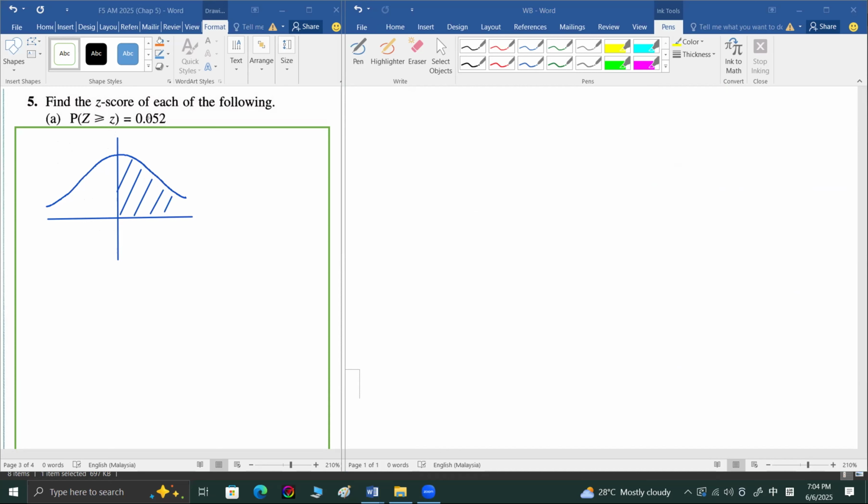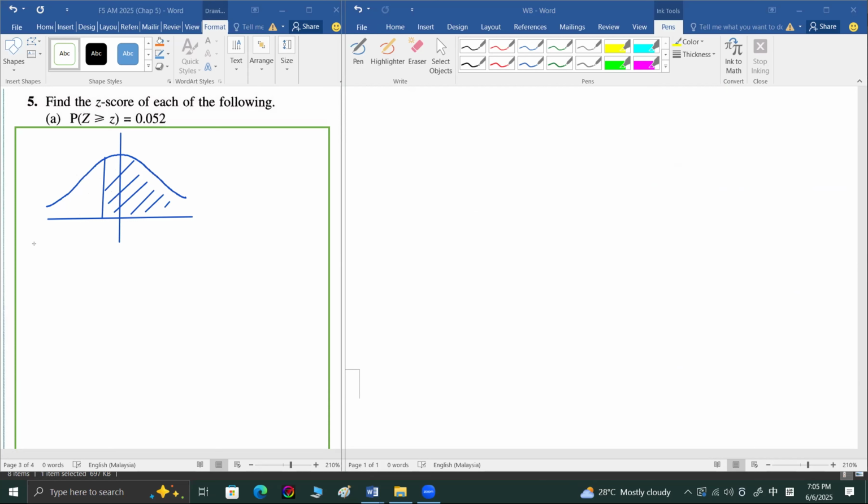If here I give you 0.6, 0.6 means it's already more than half. If it's more than half, it comes to this side already. If I say 0.5 is half, 0.6, 0.7, 0.8, that is when I give the area here, the probability.